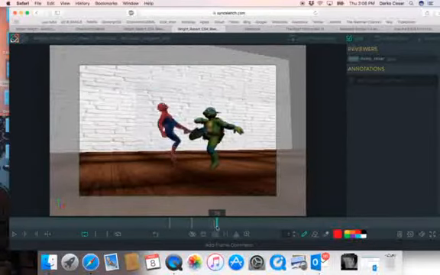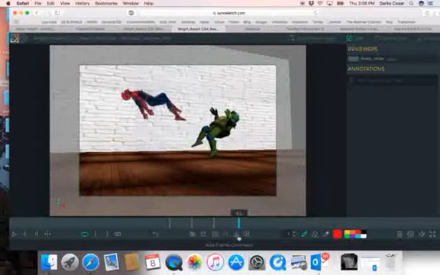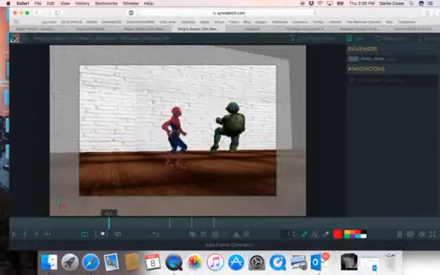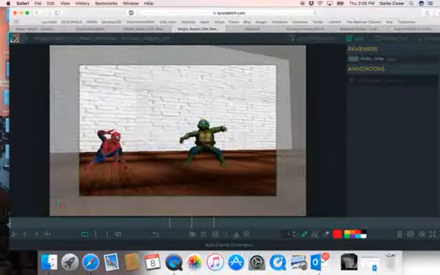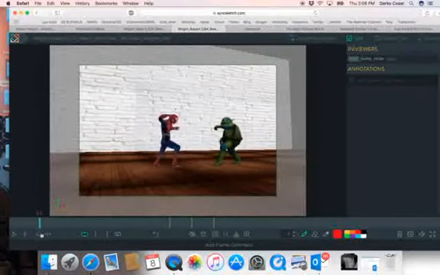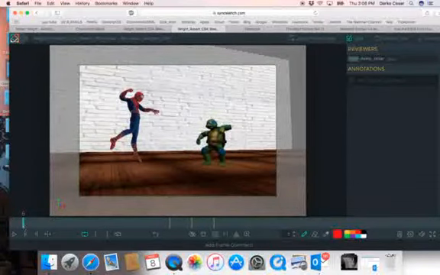Why would a foot spin like that, or slide on the floor, right? So that's definitely an issue, and you have to go basically frame by frame and take care of that. Because, for example, when the turtle is moving back, I understand that this foot is going back, but what's happening with this one?